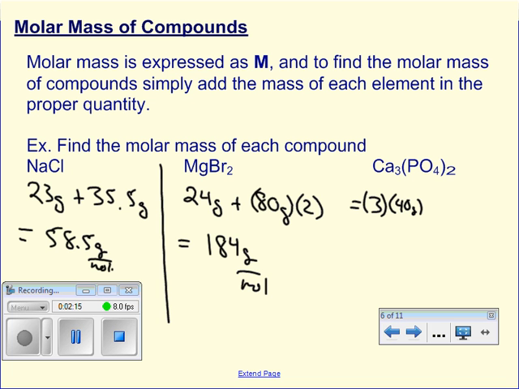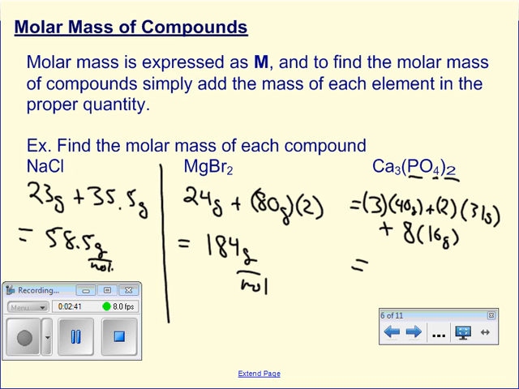And I have 2 phosphoruses, so 2 times 31 grams for phosphorus. Plus, I have 2 times 4, which is 8 oxygens, and they're 16 grams per mole each.